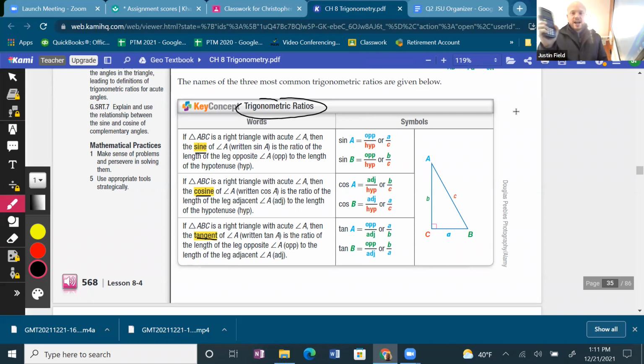Now that's not sin, that's sine, cosine, and tangent. And those are ratios of sides in a right triangle.